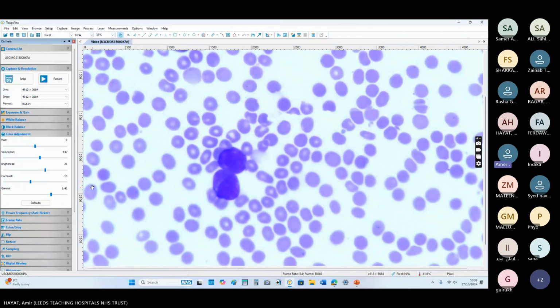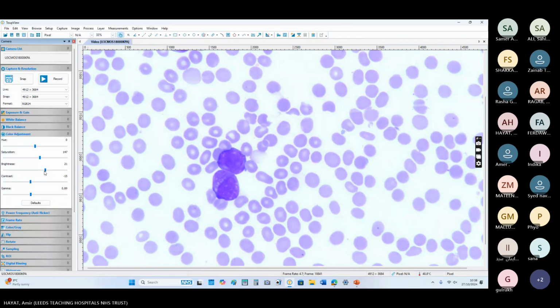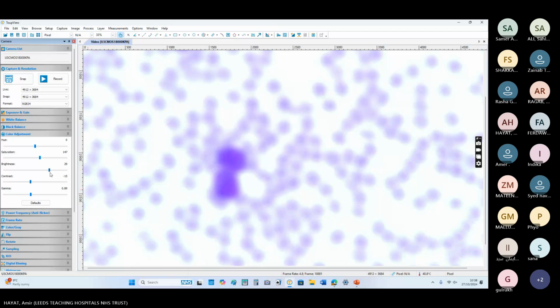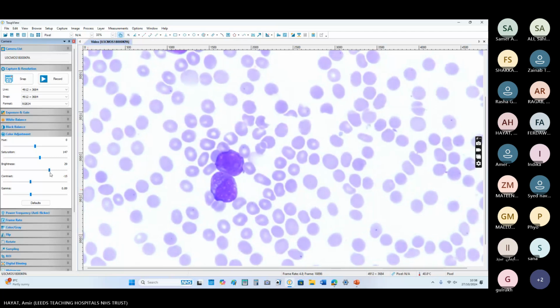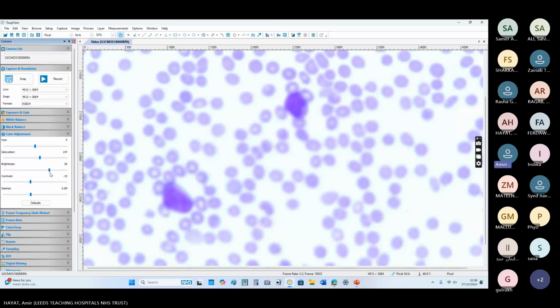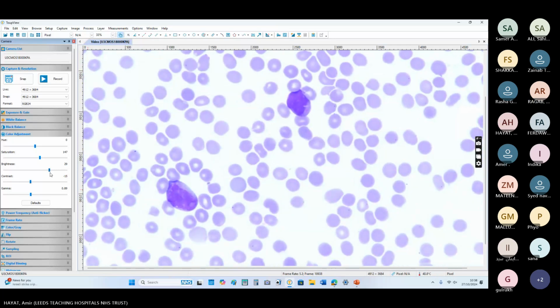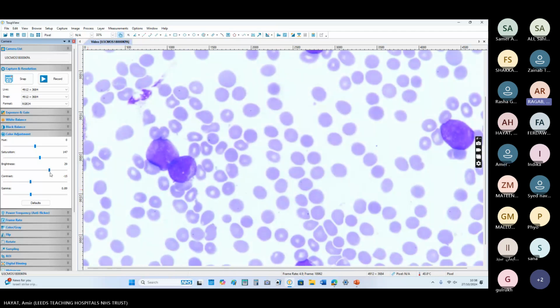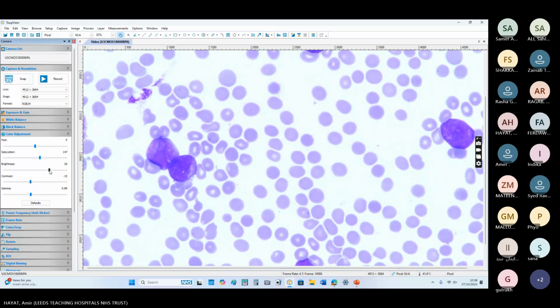Now this is power 50. What type of cells do you see on this aspirate? Like the promyelocytes. And what is a promyelocyte, just for the audience's knowledge? Yeah, it is one of the cells of granulocytic lineage, immature form white cells.